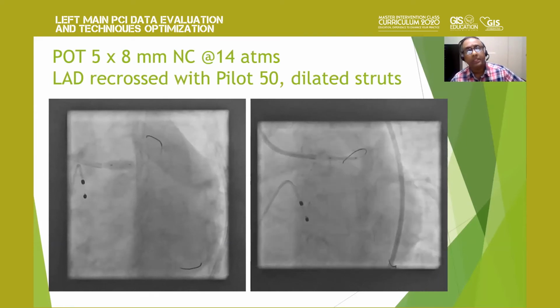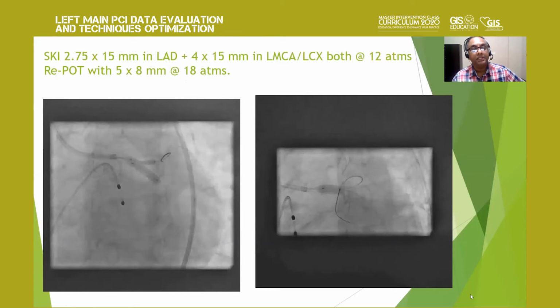Since IOS was not there, we preferred to go for a higher balloon size, 5 × 8 at 14 atmospheres, and LAD was recrossed with Pilot 50 and the struts dilated, and then simultaneous kissing was done with 2 balloons, and again re-POT was done as per all the steps for provisional stenting.